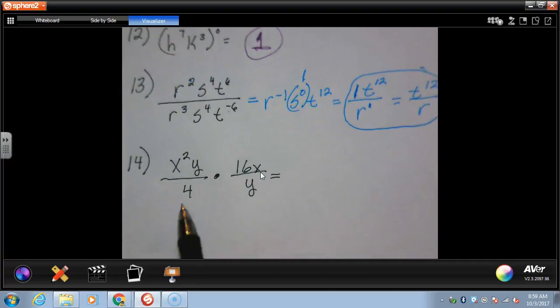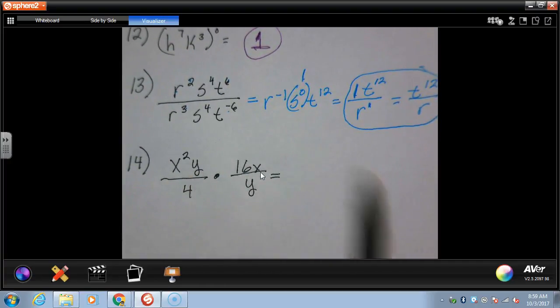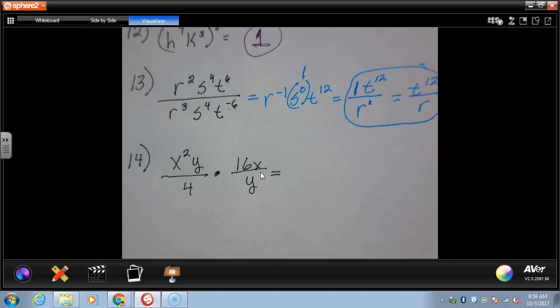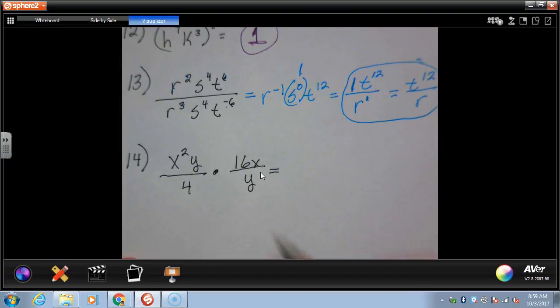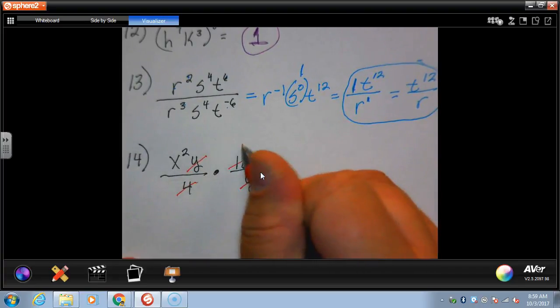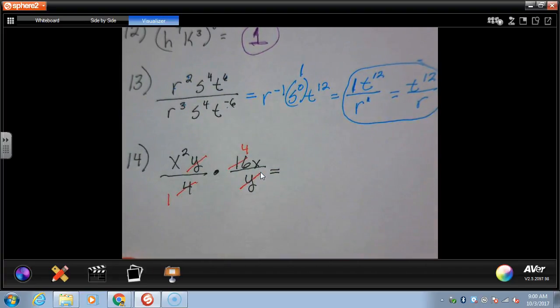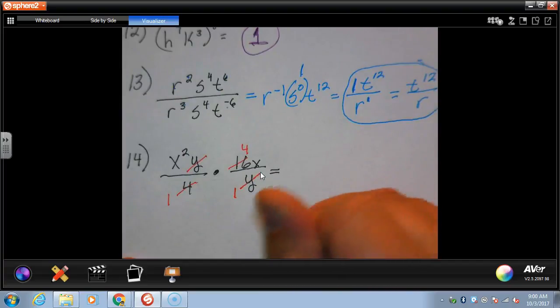I could cancel out before I multiply. Yeah, let's do it that way. So here's a y to the first, gone. 4 goes into 16 4 times, goes into 4 once. So this is all over 1, which is going to make it a whole number.